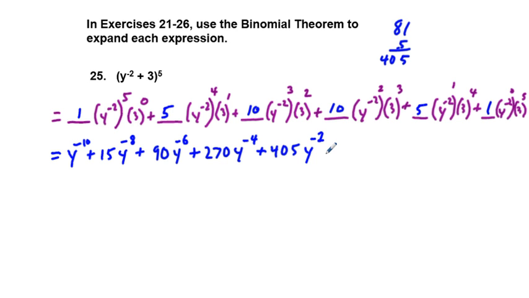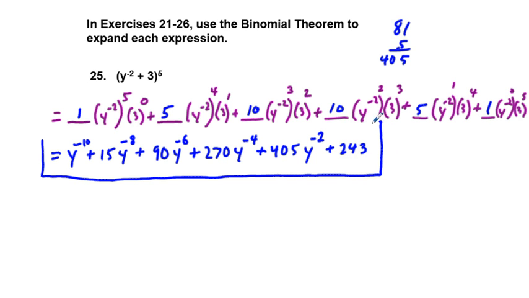Because 81 times 3. So plus 243, and we have y to the negative 2 to the power of 0, so this is going to be just 1 here. So plus 243, so this should be the completion of this binomial expansion.